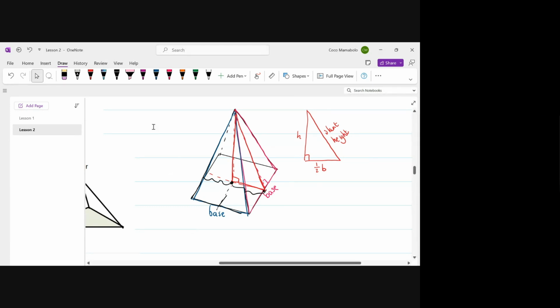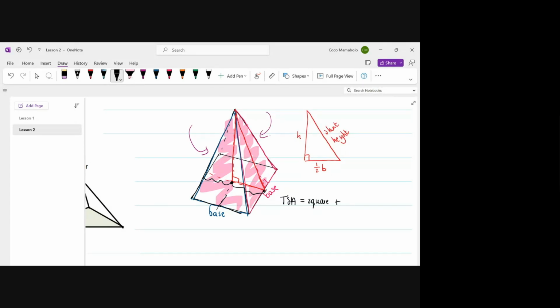Now, my right pyramid is made up of, let me just say, total surface area. My square-based pyramid is going to have the square at the bottom, plus this triangle and this triangle, and then that triangle, and that triangle.